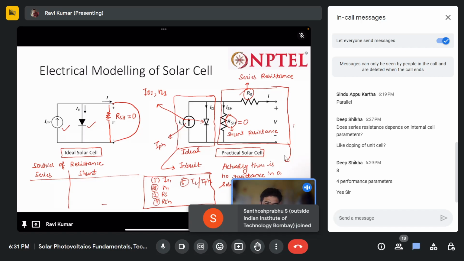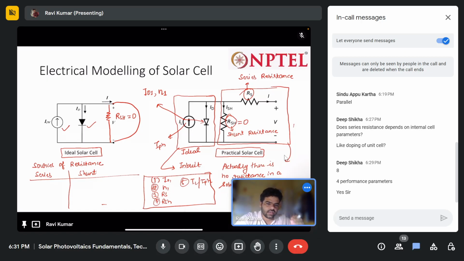Whenever you see any paper or come across anything which talks about the parameters of a cell, it can be a book, chapter or anything, those are focusing on these things. These are the parameters of a solar cell. And why are these parameters important?